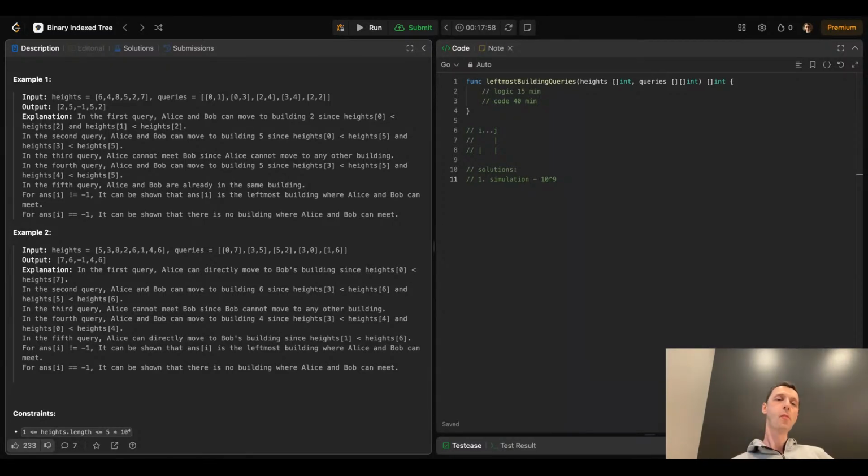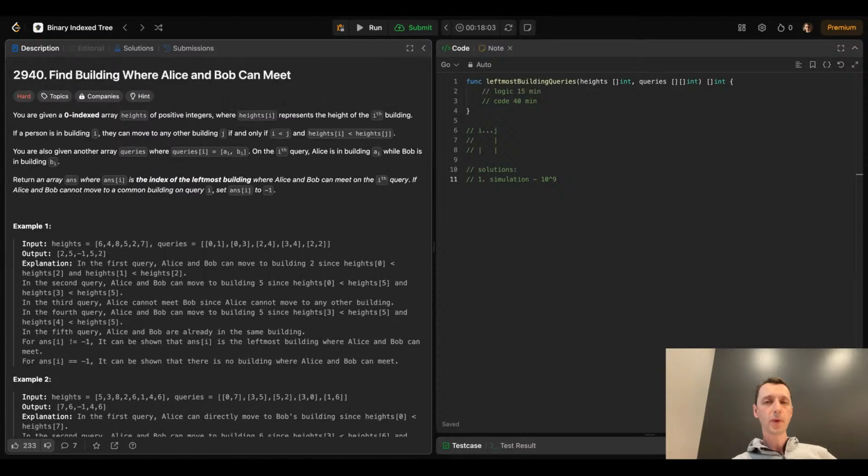And then tell, by the way, we need to return what? We need to return the buildings. So not just the fact that there is a building you can meet, but the actual indexes.